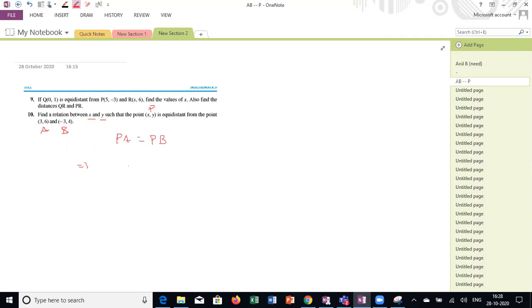So PA is the square root of (x minus 3) whole square plus (y minus 6) whole square, and PB is the square root of (x minus of minus 3) whole square plus (y minus 4) whole square. Solve and let me know what the final relation is.